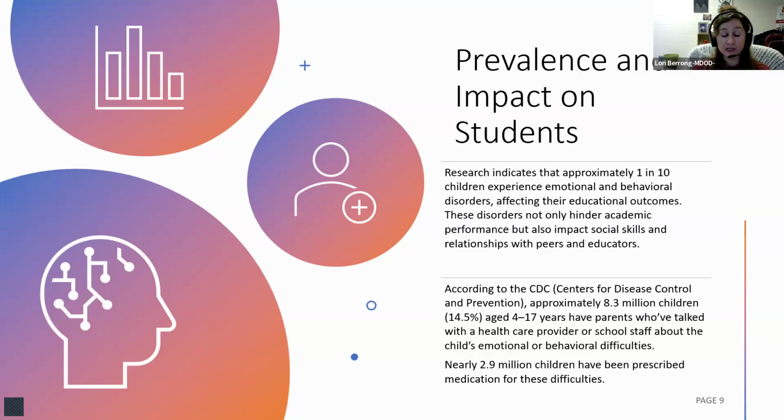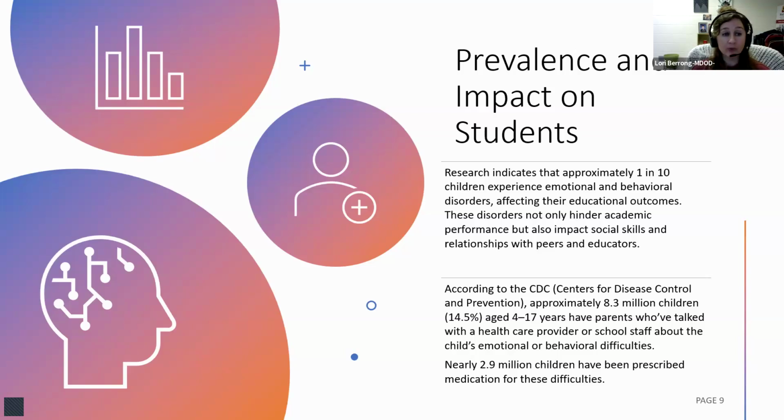And again, even if there isn't a diagnosis to go along with those characteristics or those behaviors, it doesn't mean that those behaviors don't deserve the attention, the time, and the commitment to really address them and find ways to improve or change those behaviors. And then nearly 2.9 million children have been prescribed medication for difficulties. So we know that there is a need out there, and there are people working on trying to support kids or support individuals who are experiencing these behaviors.